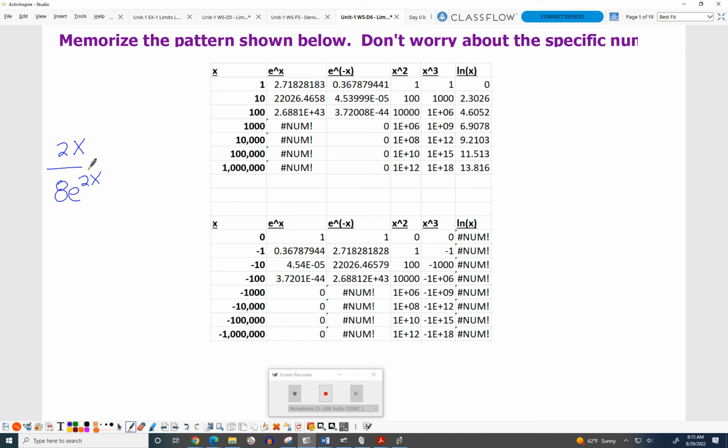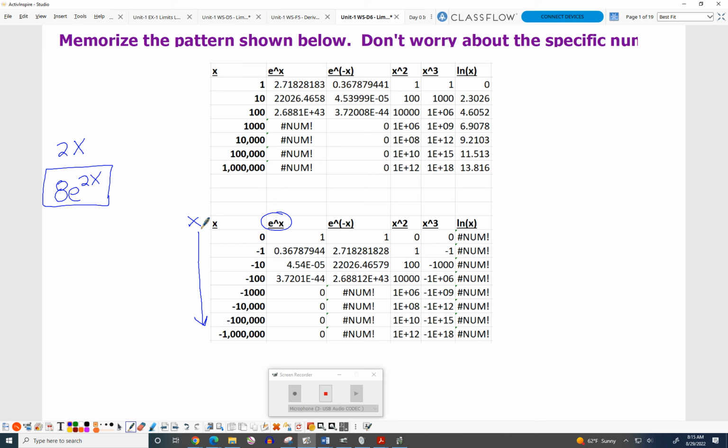This is going to behave pretty much like this as x approaches negative infinity, because the 8 doesn't really matter. e to the 2x is going to behave very much like e to the x because we don't have anything that's going to change a positive to a negative.